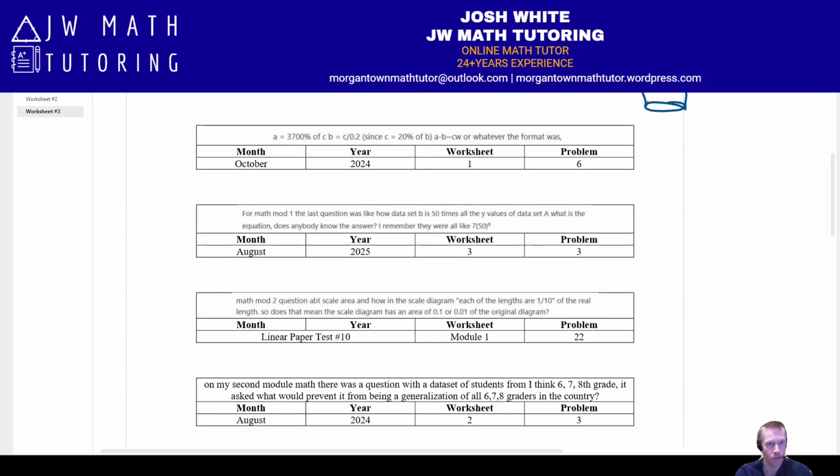All right, next up, basic percentage questions. This is a percentage question where A is so many percent of C, and B is so many percent of C, or A is so many percent of B, or however they choose to set it up. It can vary.